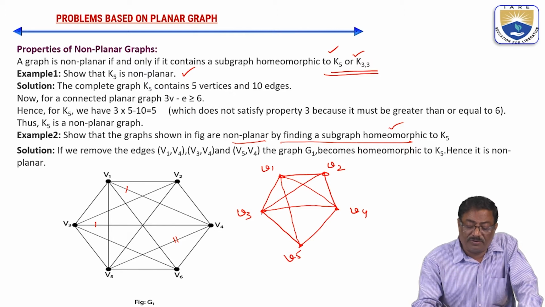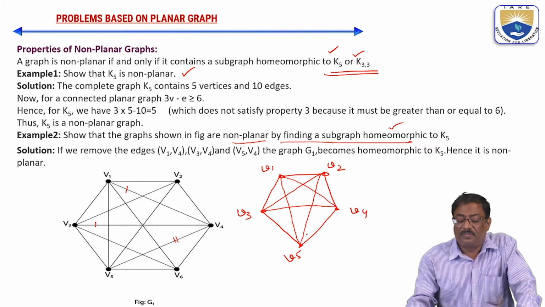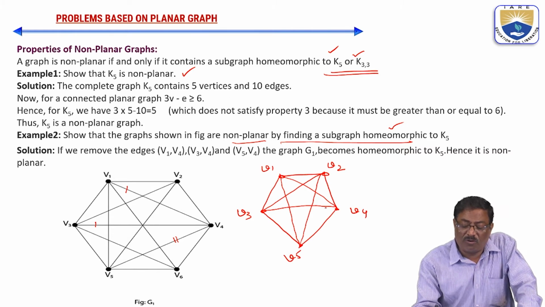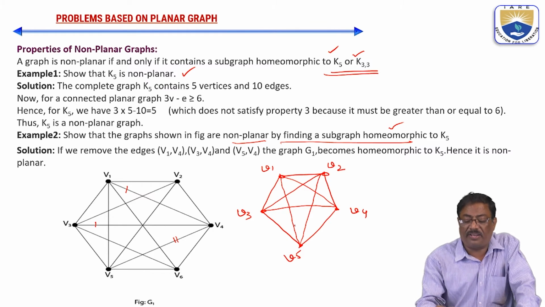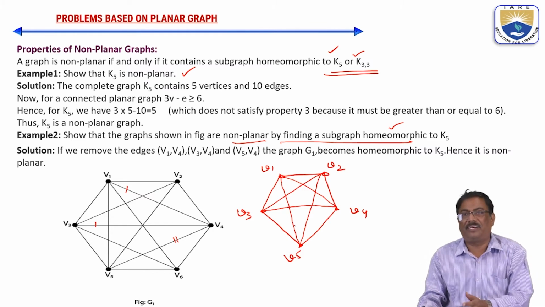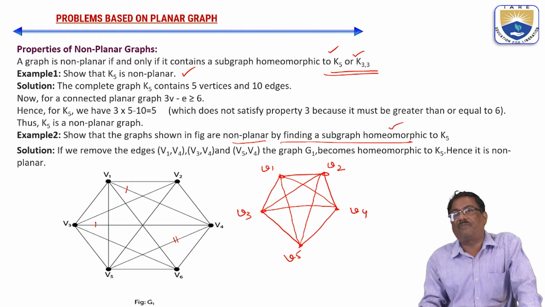V5 to V3 is there, V4 is there, and V2 I have to connect. Then V4 and V2 are already connected, and each and every vertex has degree 4. Now I can say that it is a complete graph with 5 vertices.